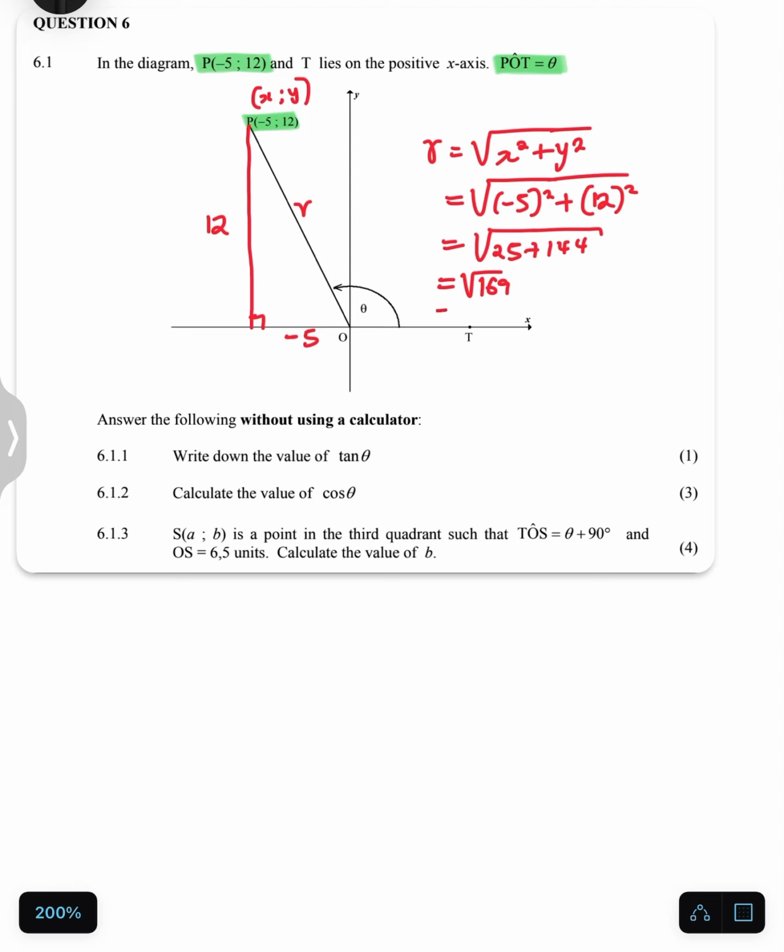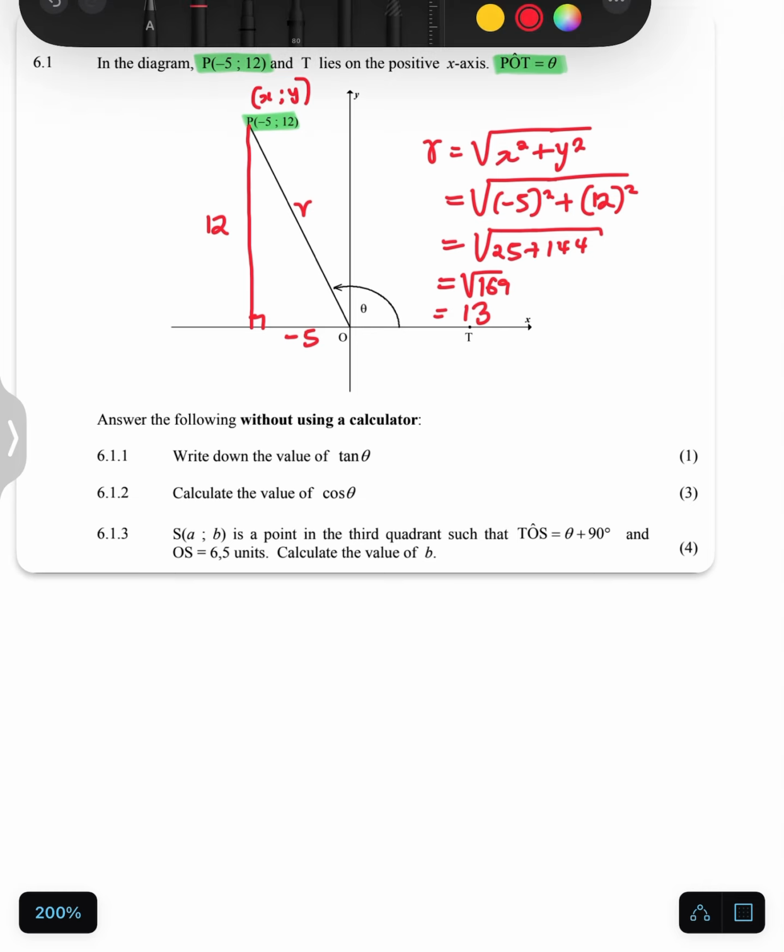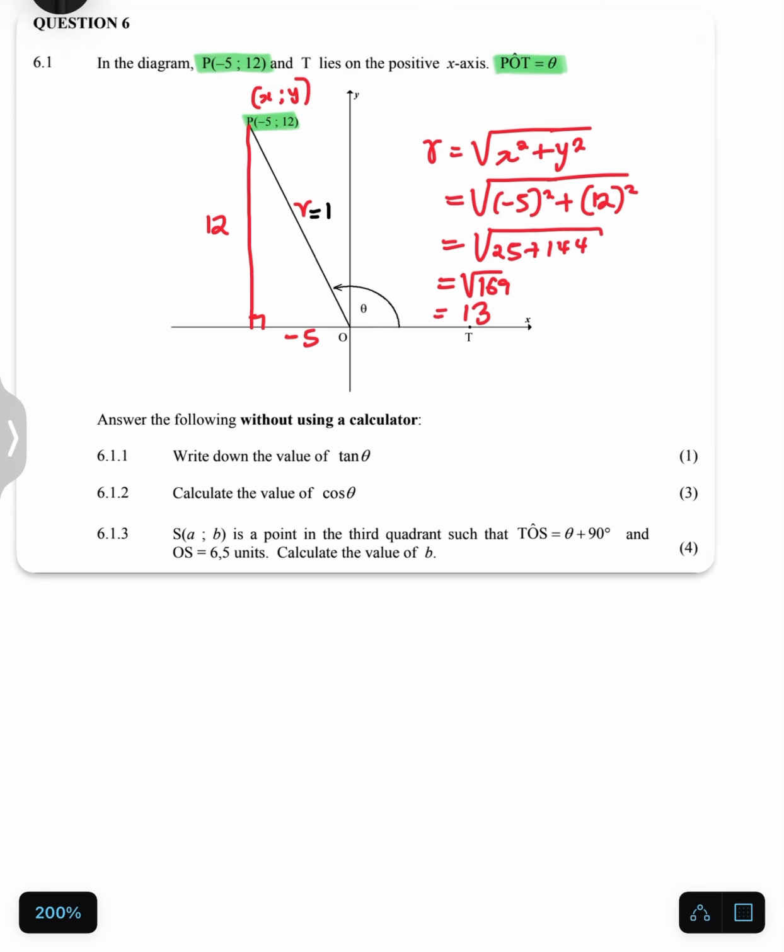The reason here we don't have plus or minus is that the hypotenuse will always be positive. It will never be negative. Only x and y, or opposite and adjacent, can be positive or negative, but the hypotenuse will always be positive. So in this case, the square root of 169 will be 13. So the value of r is 13.